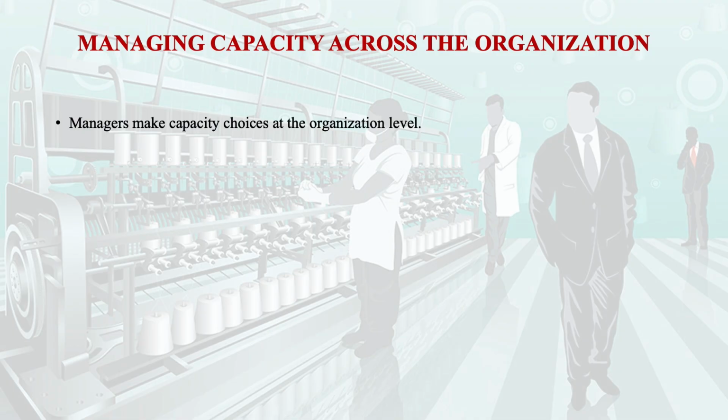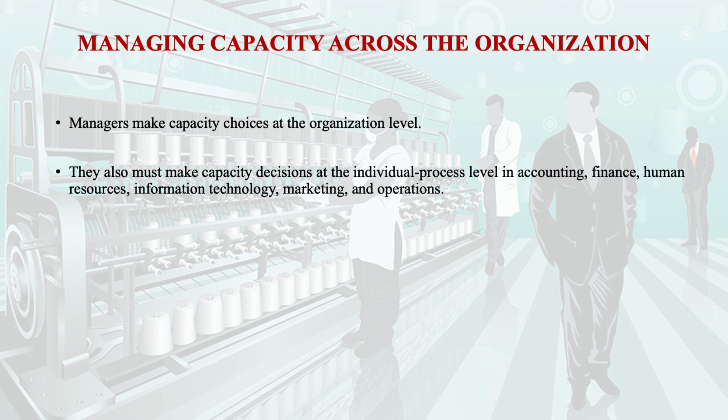Now, how will you manage the capacity across the organization? We have discussed the tools, we have discussed the various steps for capacity alternatives. Now we will see how we will manage the capacity. So here the manager makes the capacity choice at the organization level.